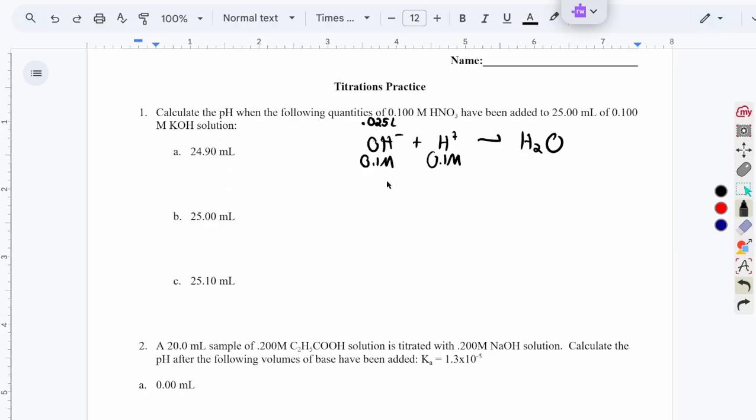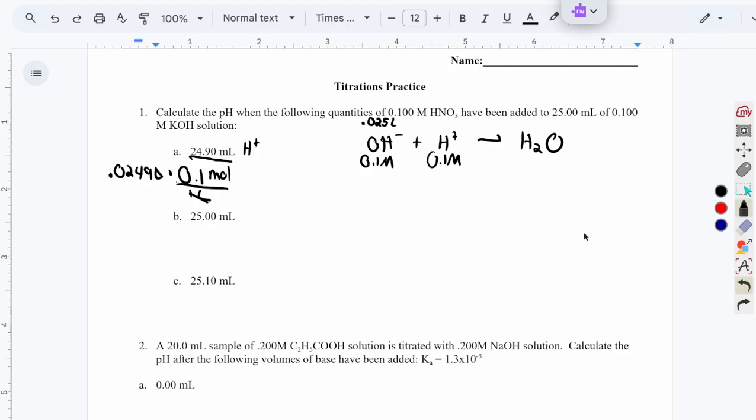Okay, so what would be the pH if I added this much H plus? That's what it's asking me here. So if I have, I'm going to immediately convert this to liters, 0.0249 liters. And we have a 0.1 moles per liter solution. That cancels out liters. That leaves me with moles.